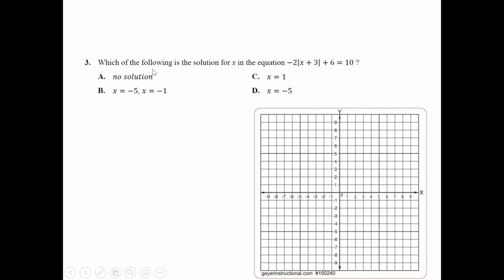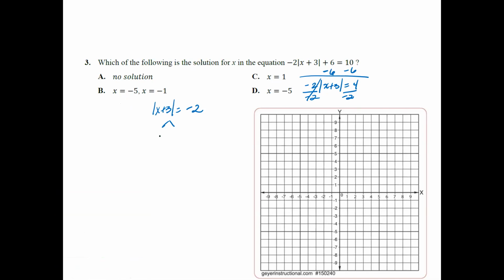Okay, question number 3. Which of the following is a solution for the equation here? So this is the absolute value. Let's subtract the 6 on both sides. Get rid of that -2 by dividing by -2 on both sides. -2 cancels. Absolute value of x plus 3 is equal to 4 divided by -2, which is -2.